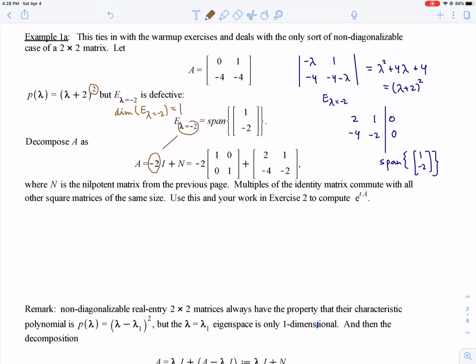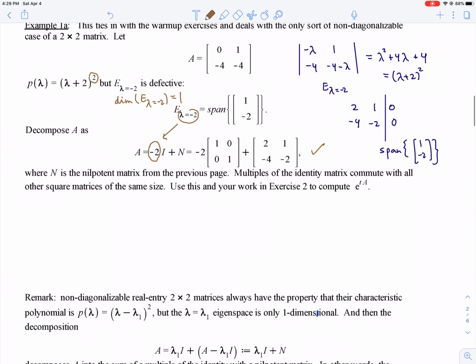So we'll write A as -2 times the identity, and then we just have to add back on the matrix that gives us back A. So the N was 2 times the identity plus A, which is the second matrix here. Okay, so you can double check the arithmetic, but it's all right.